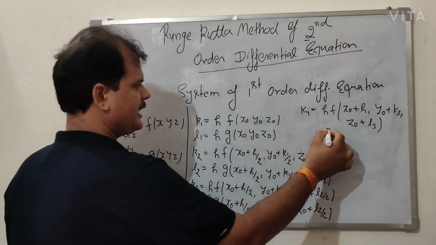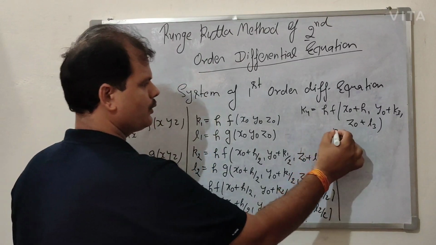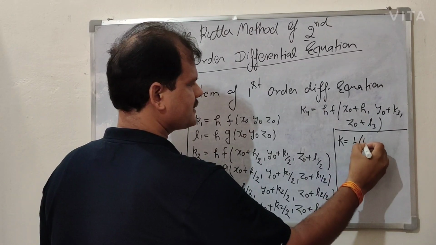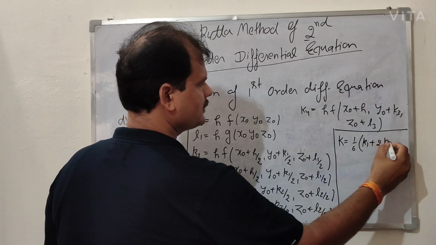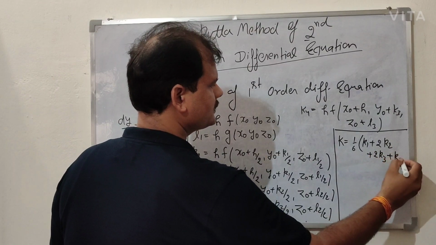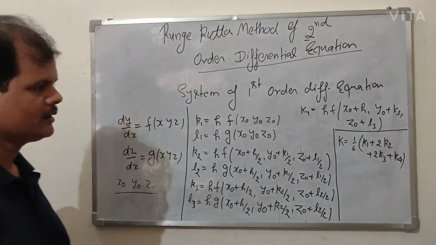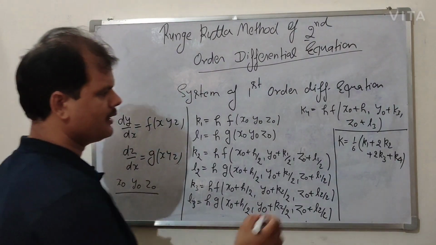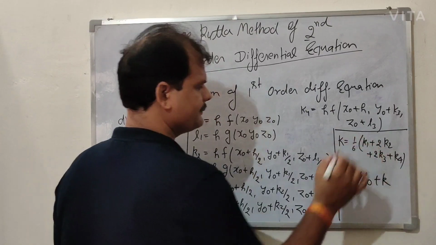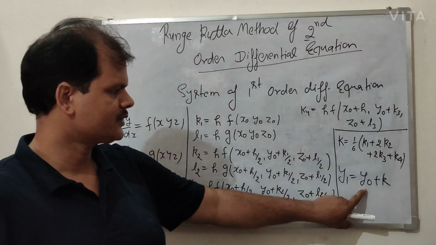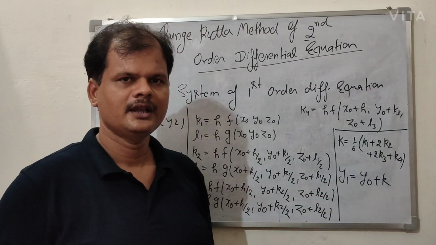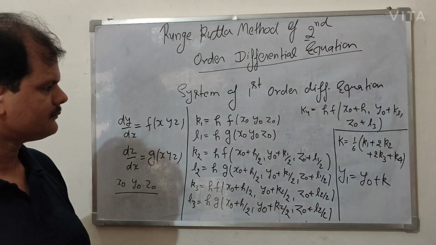Once you get k1, k2, k3, k4, we find the capital K. Capital K equal to 1 by 6 of k1 plus 2k2 plus 2k3 plus k4. After getting capital K, we find the solution y1 equal to y0 plus K. So y0 is the solution at the initial point and y1 is the solution at the next point, x0 plus h.